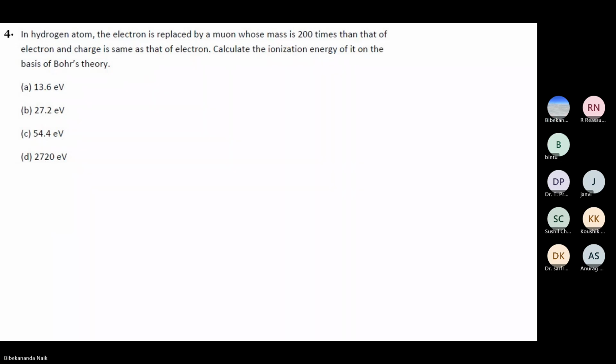Here, the ionization energy is nothing but the energy of the ground state of the hydrogen atom, but with positive sign, because ionization energy corresponds to the transition from n equal to 1 to n equal to infinity. So if you put n1 equals 1 and n2 equals infinity, then your energy will be minus 13.6 into 1 by n2 square minus 1 by n1 square.